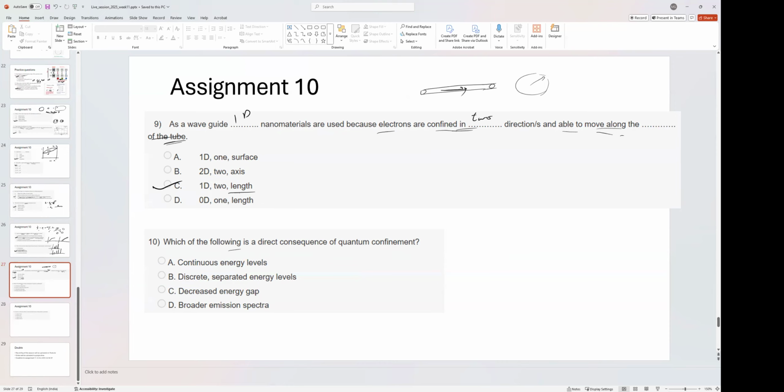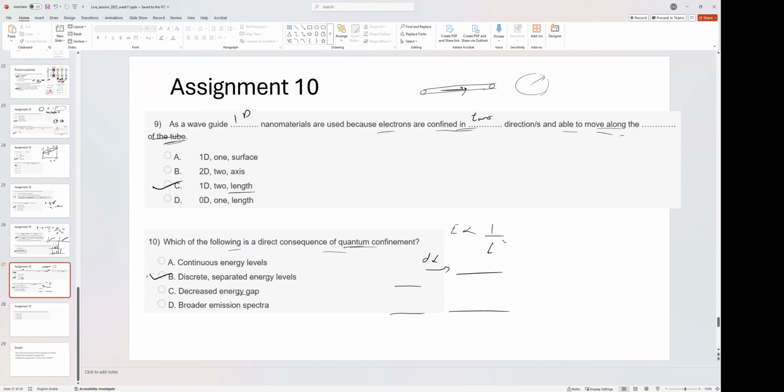Which of the following is a direct consequence of quantum confinement? We just saw, right? Discrete and separate energy levels. As a quantum confinement, energy becomes inversely proportional to L squared. So your energy gap actually increases. From here to here, your particle size is decreasing.